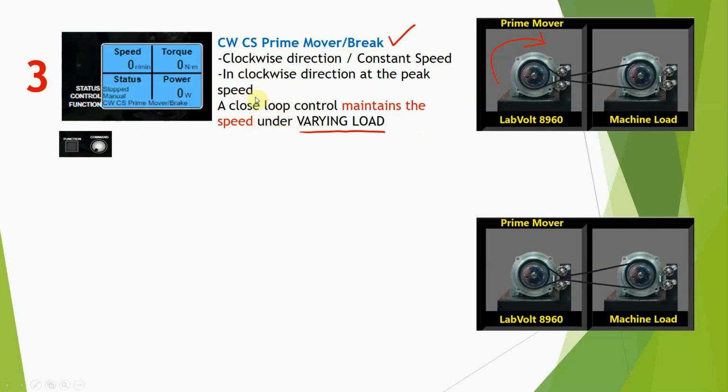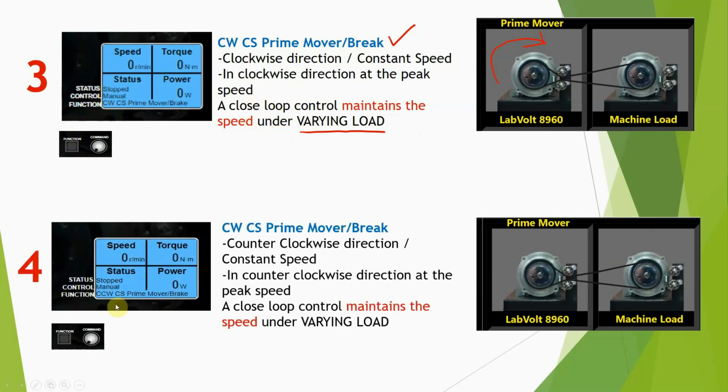So again, if I press this, this is clockwise constant speed. Next it will be counterclockwise constant speed, right? The purpose is the same, constant speed, but in the opposite direction.